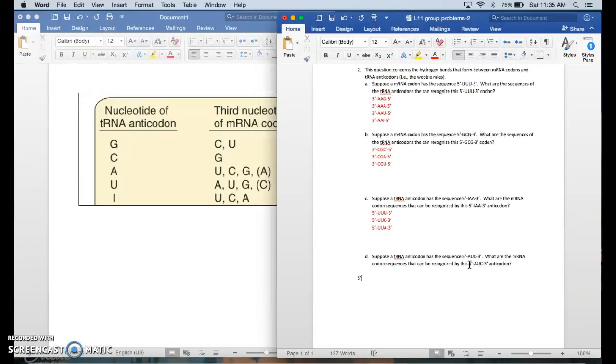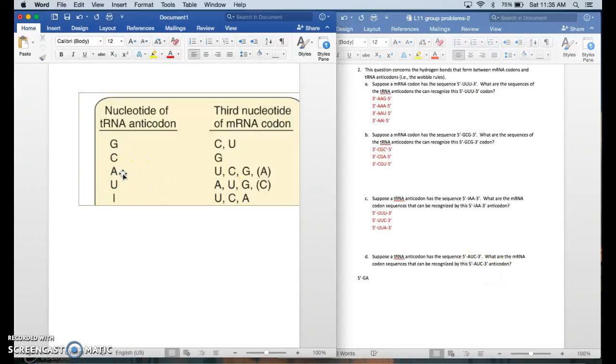So we would work backwards. So 5' C would match with G, and U would match with A. So those are normal. And then our wobble in this case is A. And if we find it in our chart, we can see that there's 3 variations, which are U, C, and G. So those would be our 3 answers.